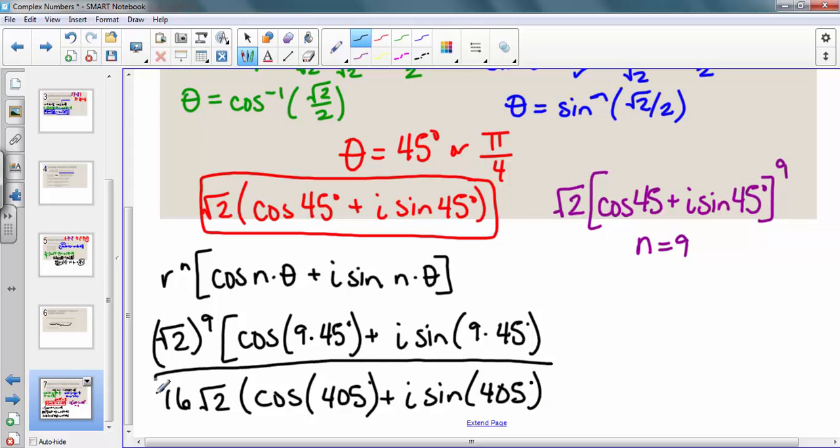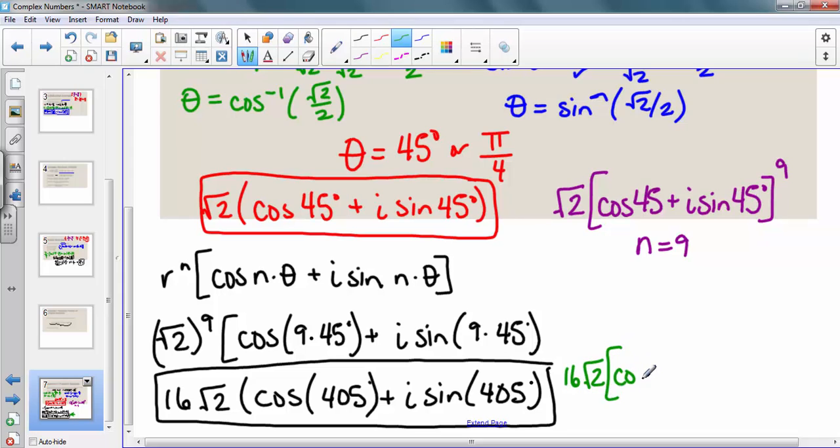And that is our final answer in trigonometric form in degrees. But note that we also could have written it in radians, and we would have gotten 16 square root 2 times the cosine of 9 pi over 4 plus I sine of 9 pi over 4.